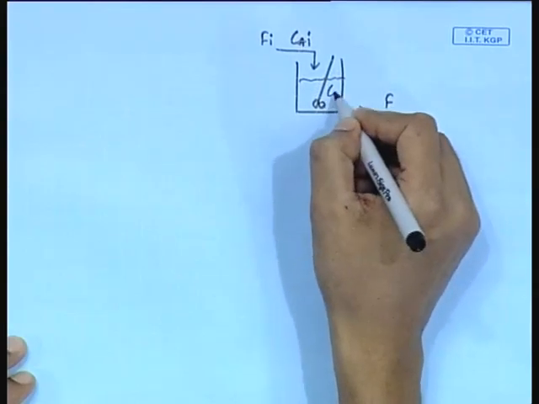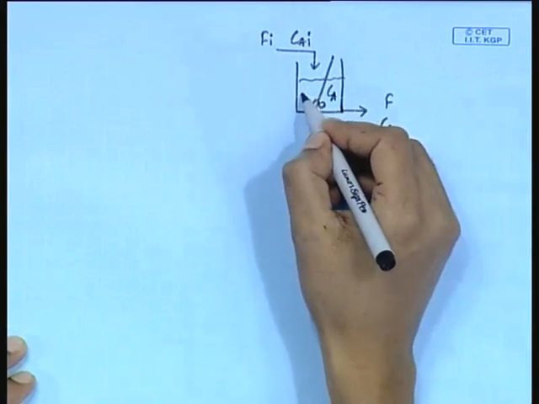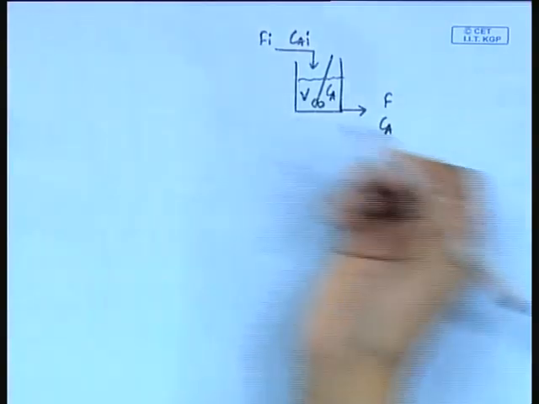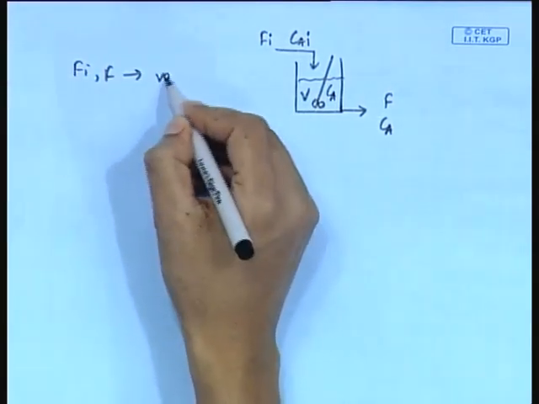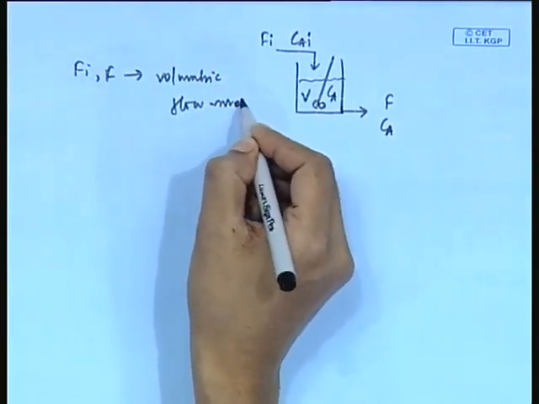So, the concentration in the vessel is also Ca, and we will assume the volume is V. Since there is no variation of temperature, there is no need of any external heating or cooling medium. So, what will be the component balance equation then? Fi and F both are volumetric flow rates.